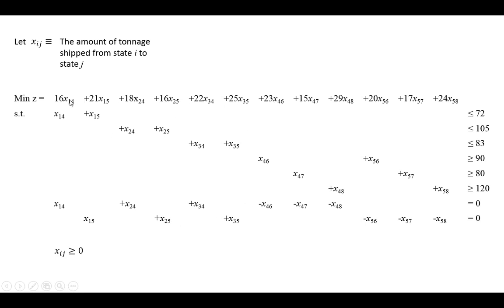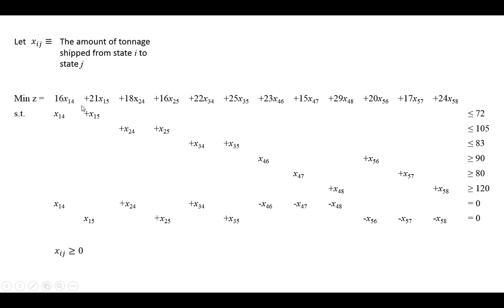The objective function has a coefficient in front of every single one of the arcs that is feasible. So you can ship from 1 to 4 at a cost of 16 units of capital per ton, and then you can ship from 1 to 5 and so on and so on.